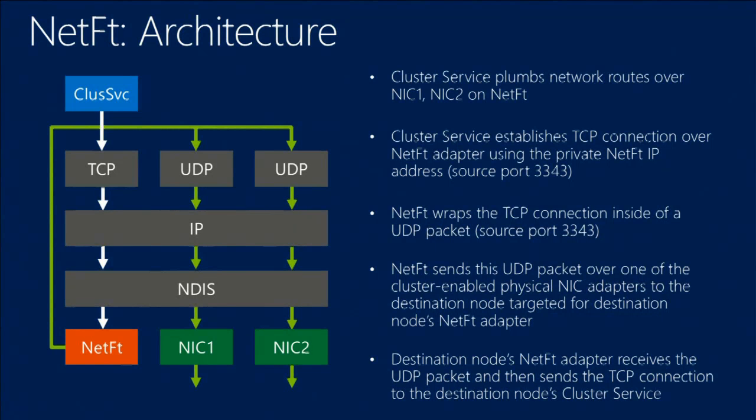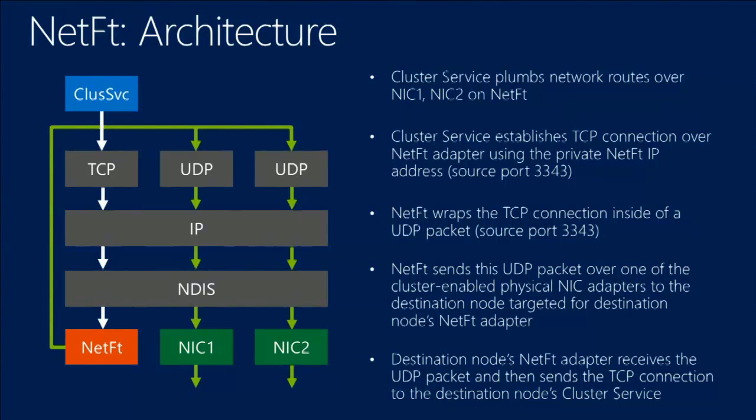So what cluster service says is, I want to talk to node 5, and I have the IP address of the netft adapter of node 5, and so it opens a TCP connection using port 3343 destined to the IP address of the node 5's netft.